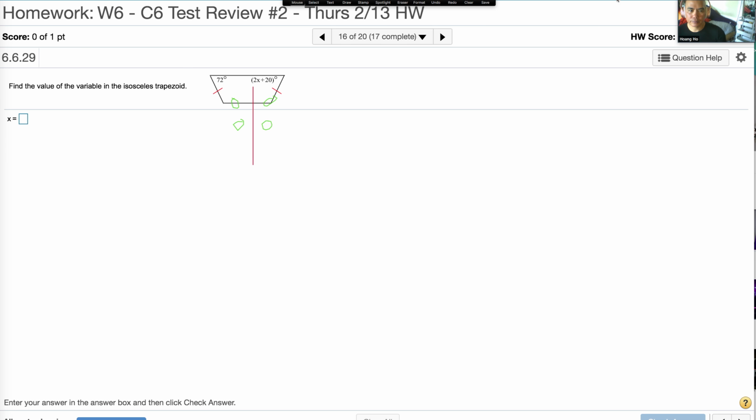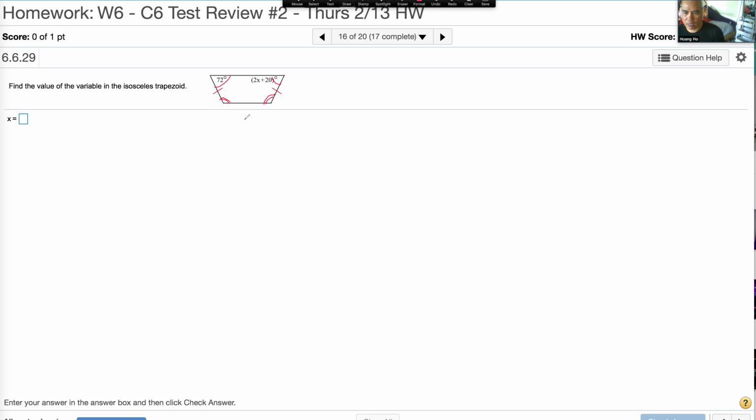16. This is an isosceles trapezoid, and they give you these two bases, two legs are congruent. So in an isosceles trapezoid, the base angles have to be congruent, and the two base angles down here are also congruent to each other.